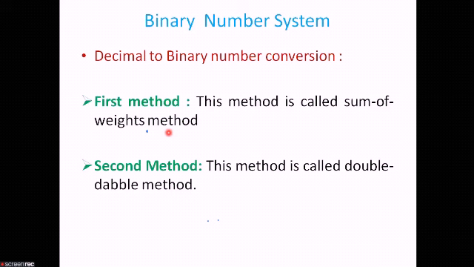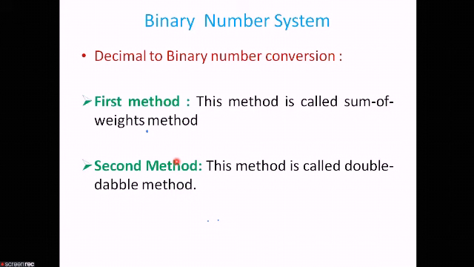In the case of octal, the base will be 8. In the case of hexadecimal, the base will be 16. That is, any decimal number can be converted to an equivalent number in any base system by the sum of weights method or by the double method, repeated division by b for integers and repeated multiplication by b for fractions.